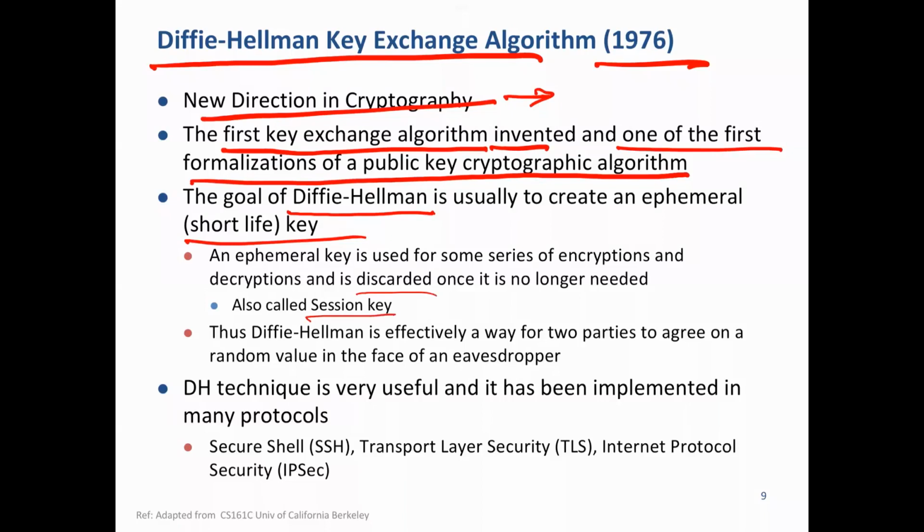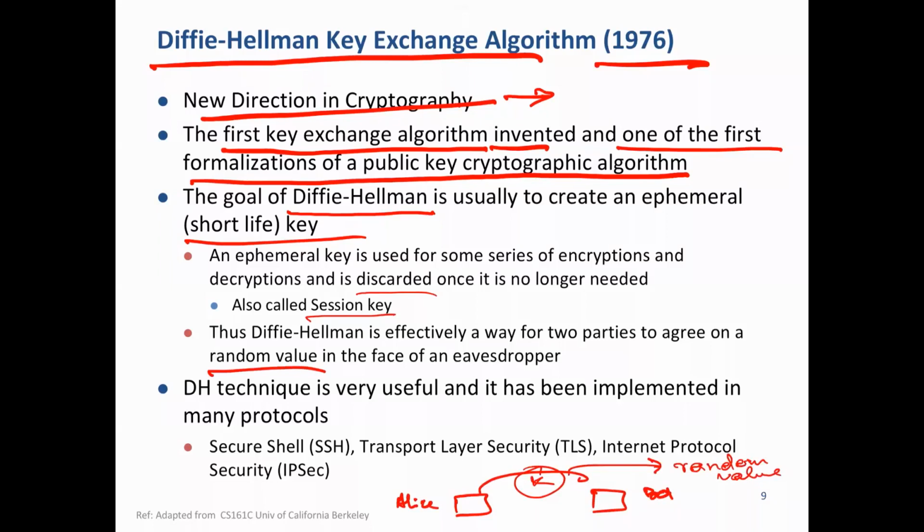So with this method Alice and Bob must agree on some key k. Now this k is going to be some random value, which Mallory in between cannot predict.